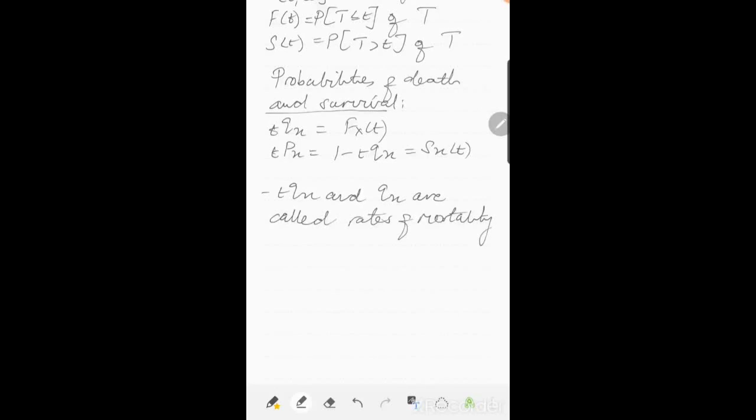There's a difference between tqx and just qx. In qx, t is equal to 1, and so we look at the force of mortality.